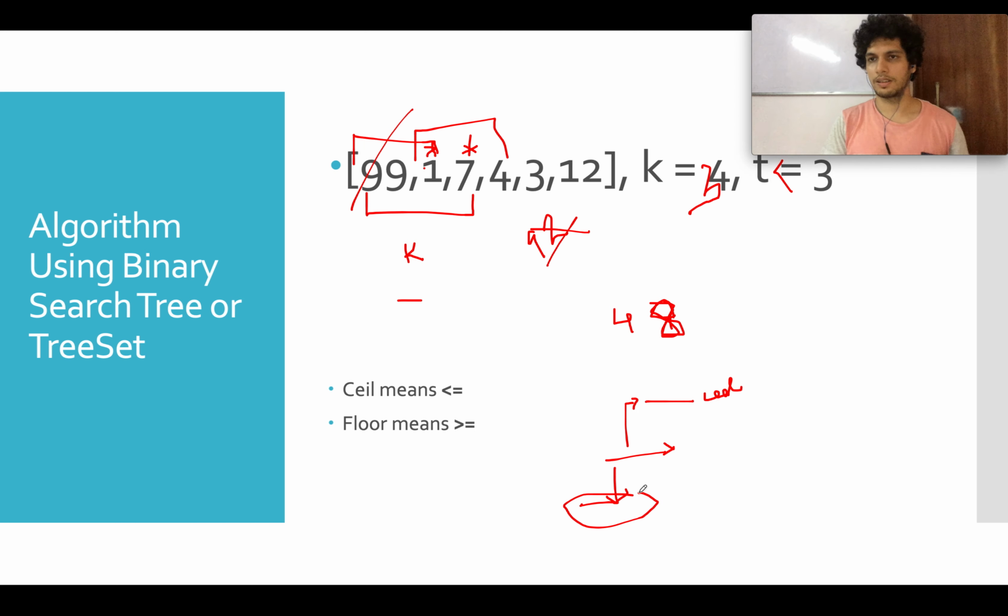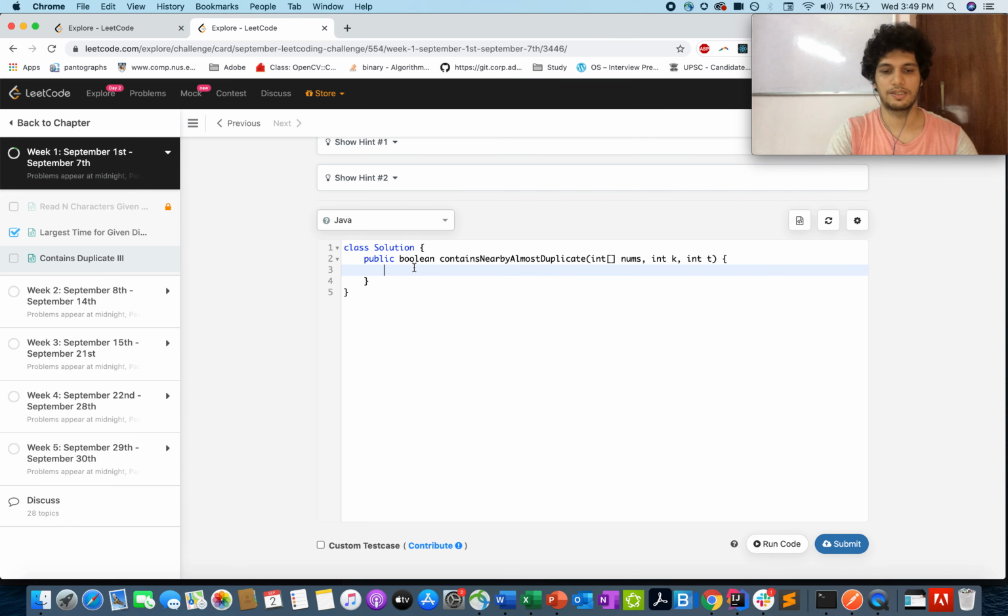The coding part is really crisp and simple here. Let's code this up, defining a tree set, and I'll be taking long. As discussed, this is a hidden constraint, equals new TreeSet. Initialization of a variable set, iterating through all the elements, i less than nums.length, i plus plus.